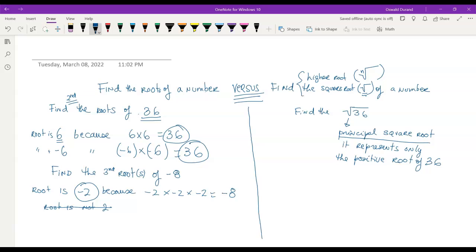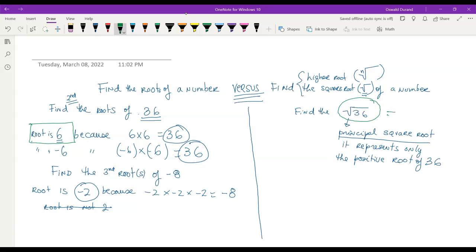So here, the square root of 36 only represents the root of 6, the root when it's 6. That's it. That's all it represents.